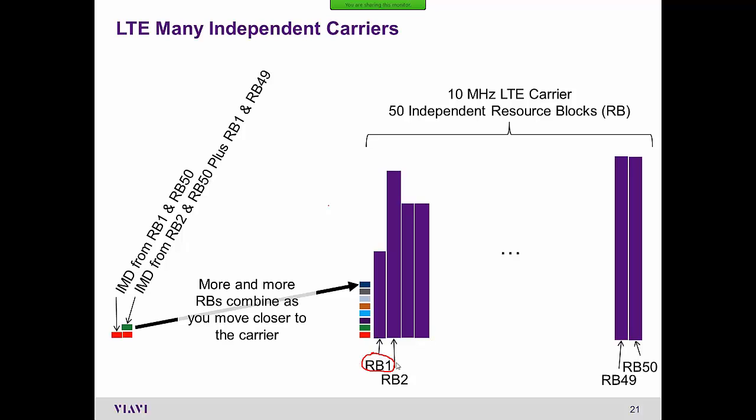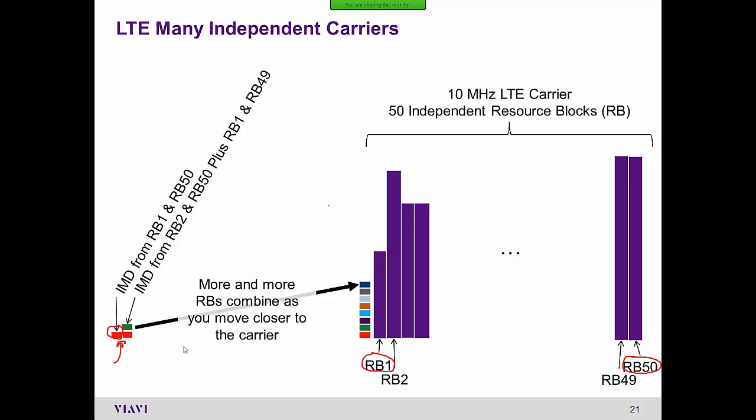If you look at resource block 1, if it turns on and you've got a PIM issue, and resource block 50 turns on, they'll mix and create a PIM artifact down here at the very furthest point away from those two carriers. So this little artifact clear over here at the left gets produced.